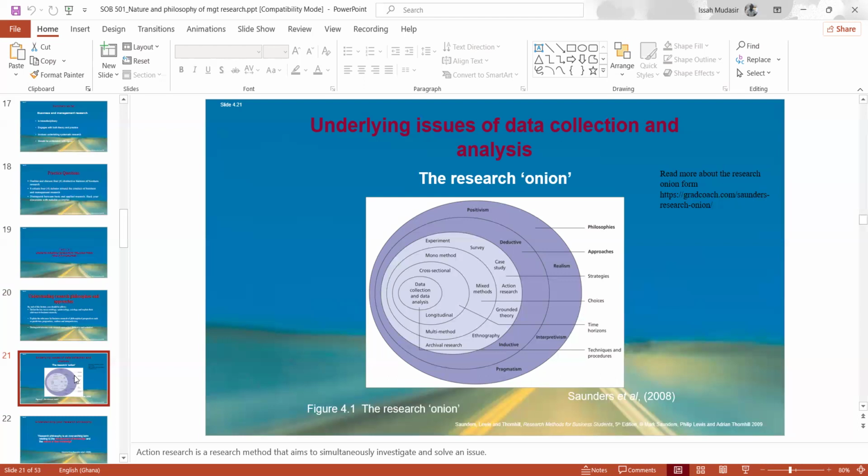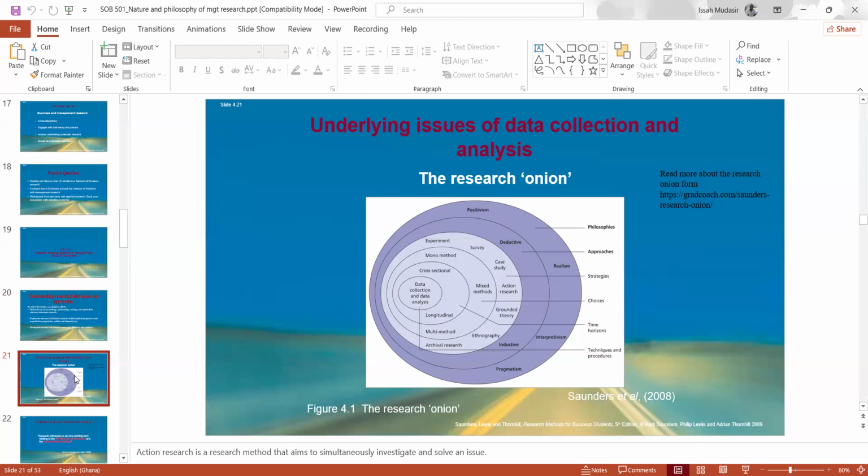The philosophies, which are positivism, realism, interpretivism, and pragmatism. So first, when you approach any research, determine what research lens you are wearing. Are you a positivist? Are you an interpretivist? Are you a realist?